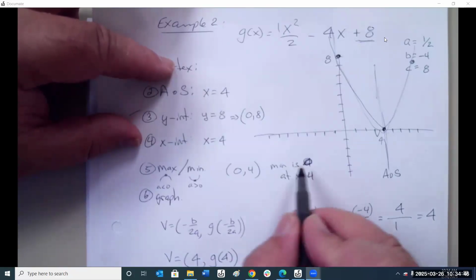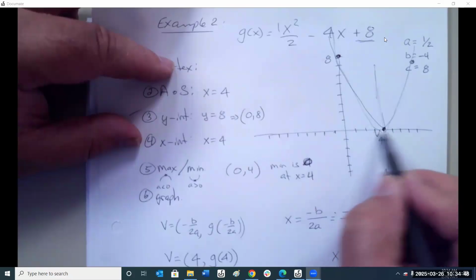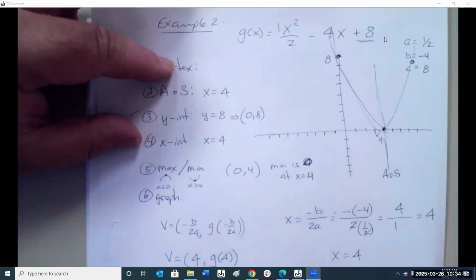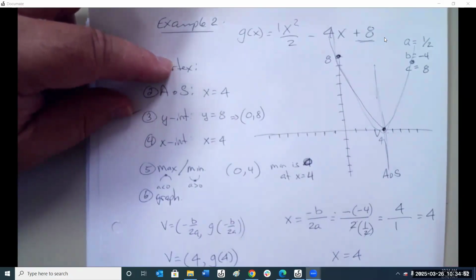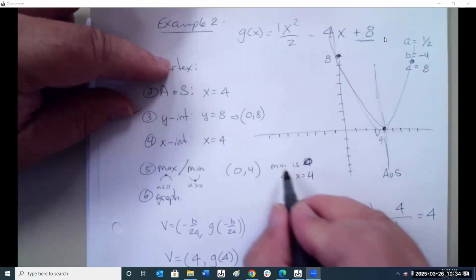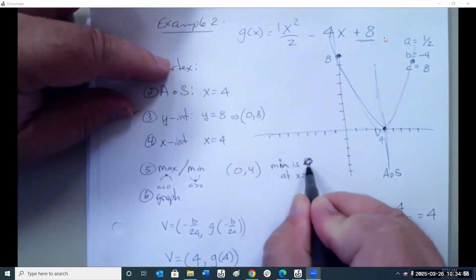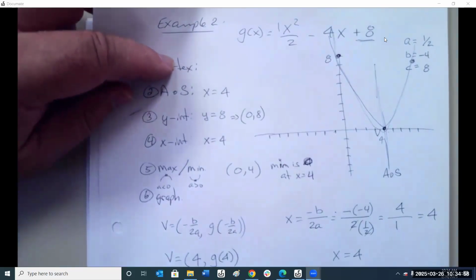Yeah, the minimum is 0. That's the lowest we can go. It happens when x equals 4. So the min is 0 when x equals 4.